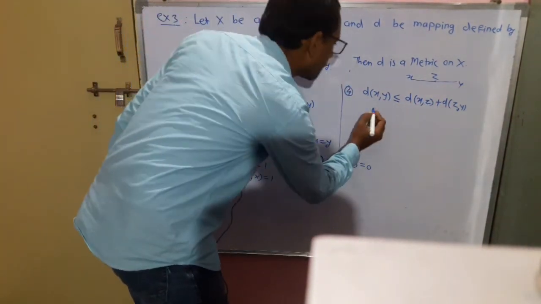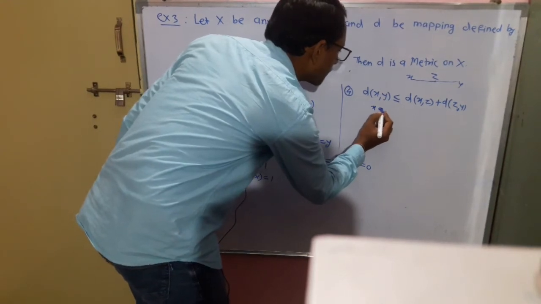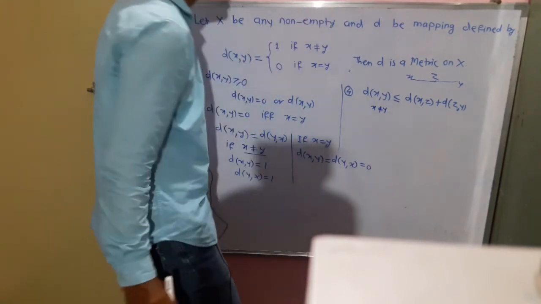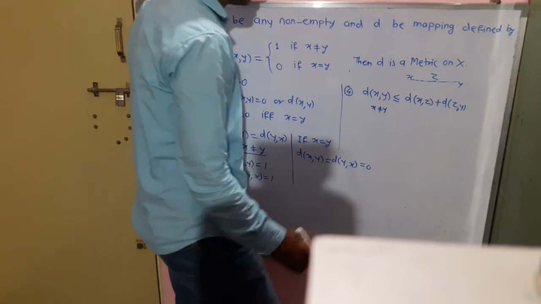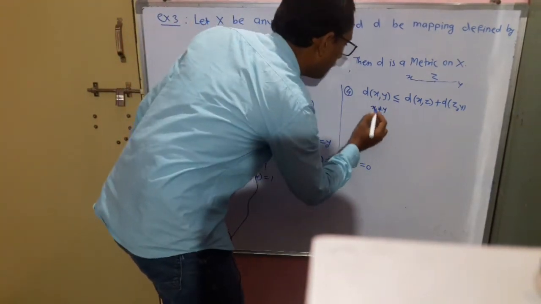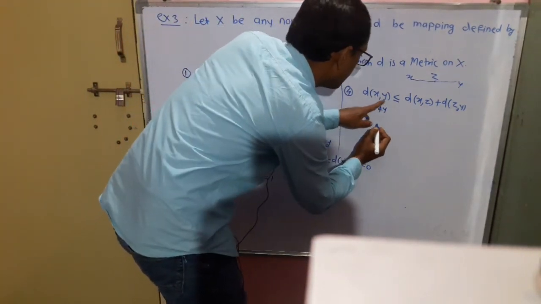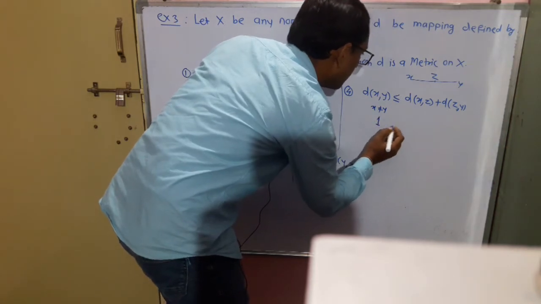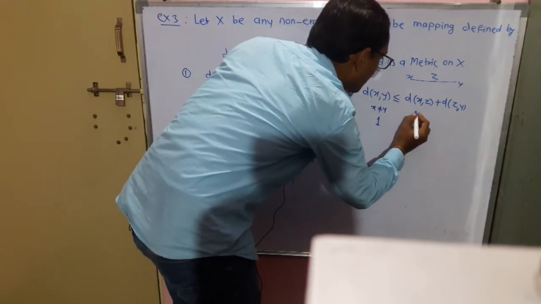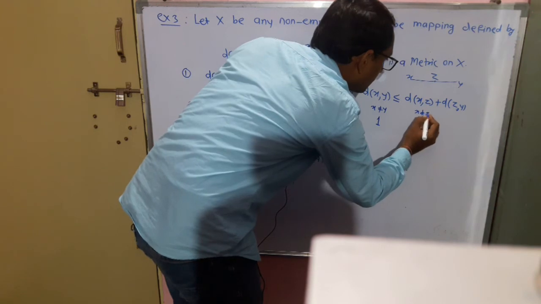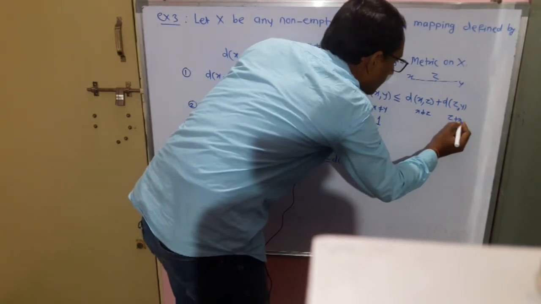If x and y are distinct, that is x is not equal to y, then the value of the left hand side, the distance between x and y, is 1. Suppose x and z are distinct, x is not equal to z, and z is not equal to y.